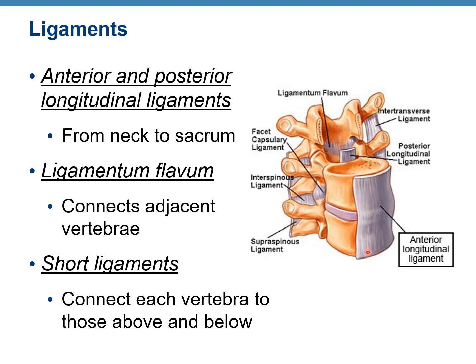So that's the anterior longitudinal ligament, and behind it is the posterior longitudinal ligament. We also have ligamentum flavum, and ligamentum flavum connects adjacent vertebrae. So you can see it's right here. And there are different short ligaments that connect each vertebra to those above and below.